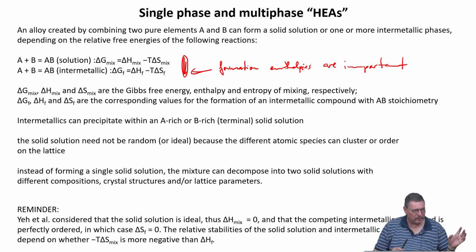And he compared it to an intermetallic compound in the same material, which was perfectly ordered. In a perfectly ordered intermetallic phase, the formation entropy equals 0, because all the atomic positions are defined.